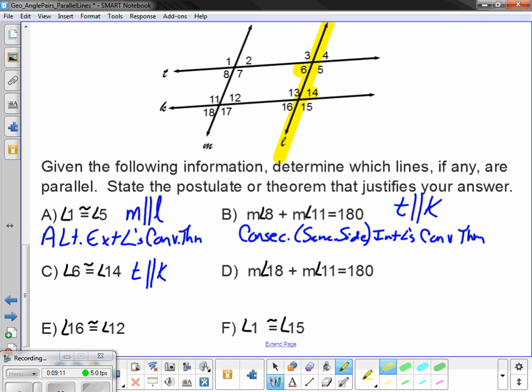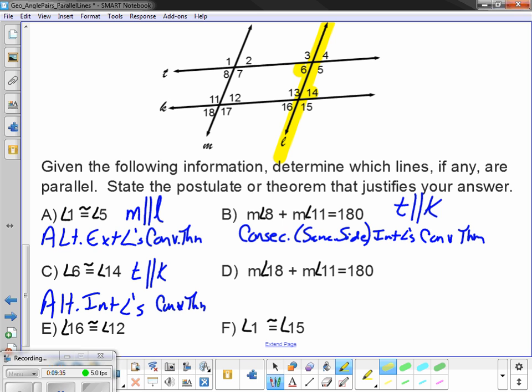Now, what kind of angles are 6 and 14? 6 and 14 happen to be alternate interior angles. And then it's the converse theorem. So if you can identify the angle pair, you know which theorem to use to get to the parallel lines. And that's our whole trick behind doing this.